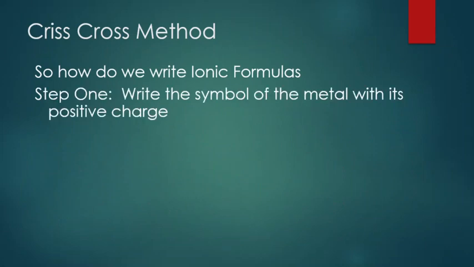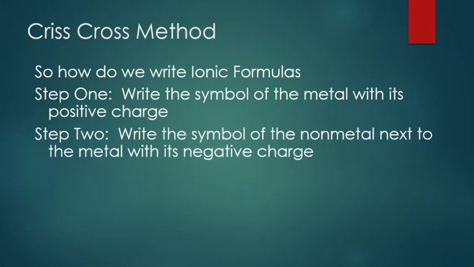Step number 1, write the symbol of the metal, the guy, with his positive charge. Remember, we're thinking of guys as positive. Next, write the symbol of the nonmetal, the girl, with her negative charge.